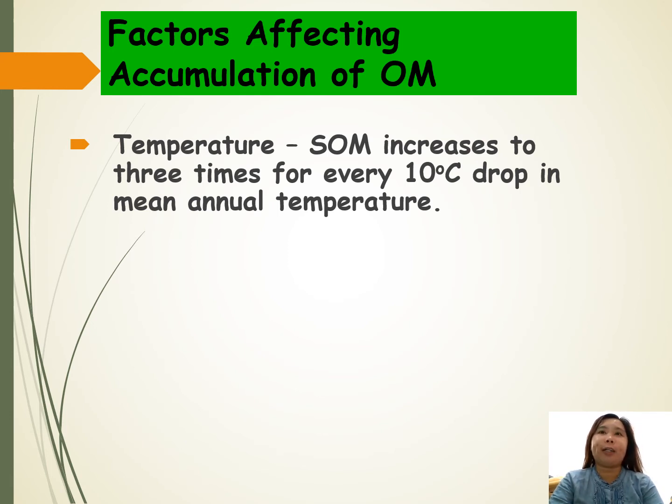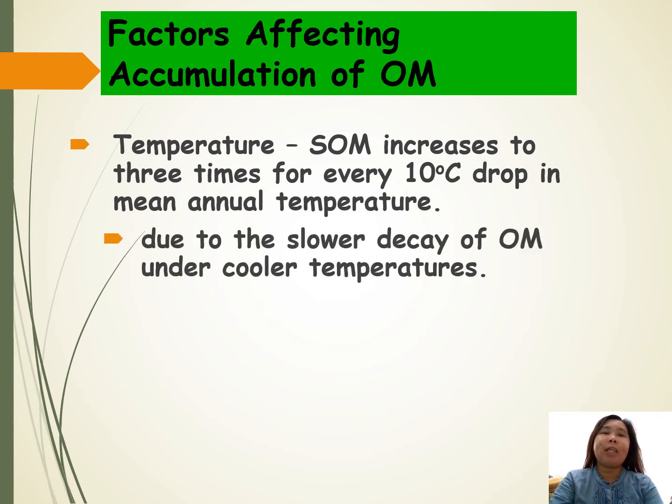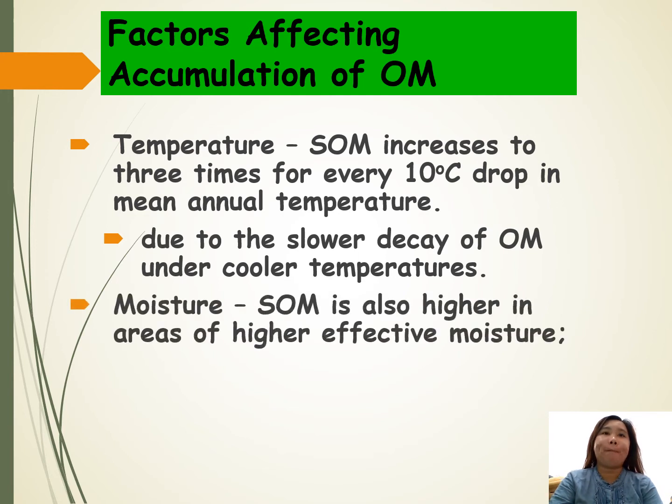Soil organic matter increases three times for every 10% drop in mean annual temperature. Meaning, the colder or the lower the temperature is, the higher the organic matter accumulation. And that is due to the slower decay of organic matter under cooler temperatures.